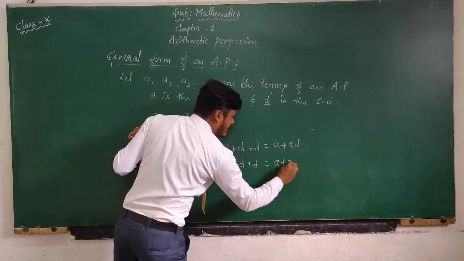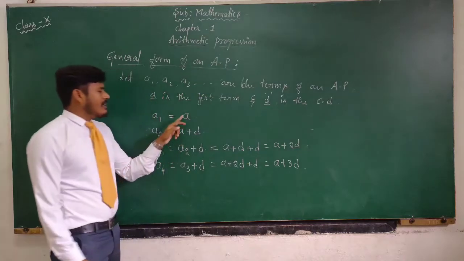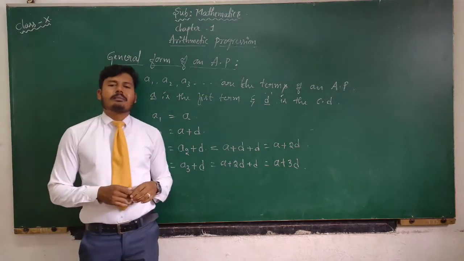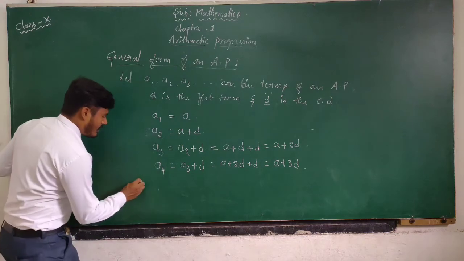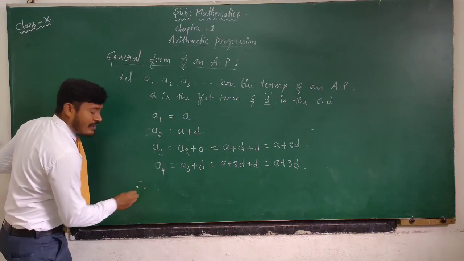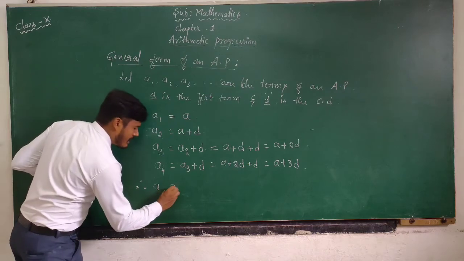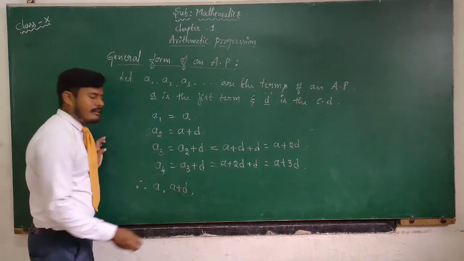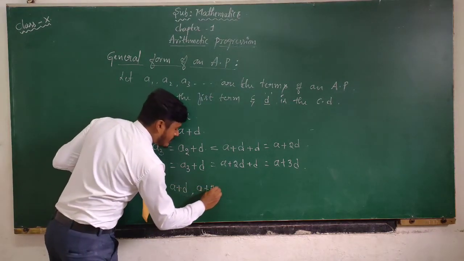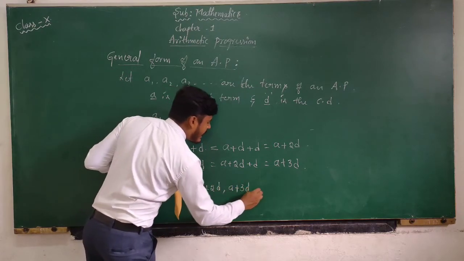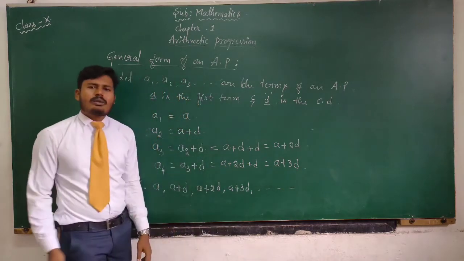This gives a plus 3d. So these are the general forms of the terms of an arithmetic progression: a, then the second one a plus d, then the third one a plus 2d, and the fourth one a plus 3d, and so on.